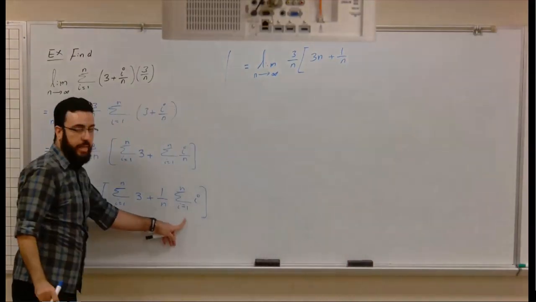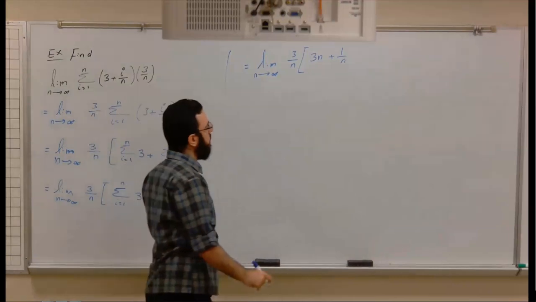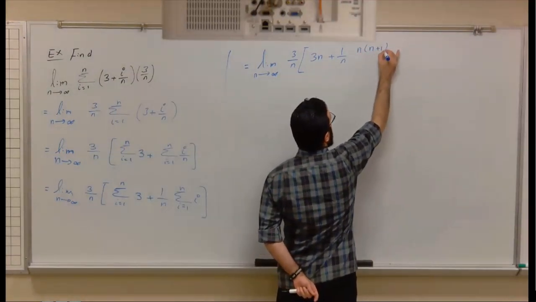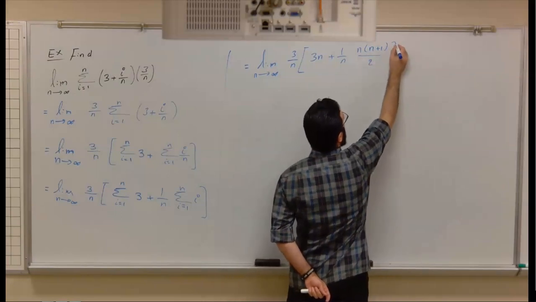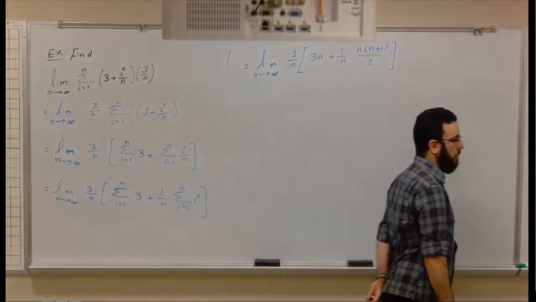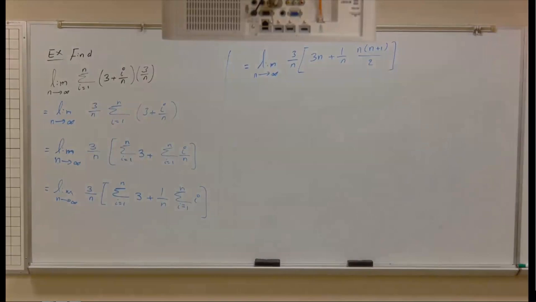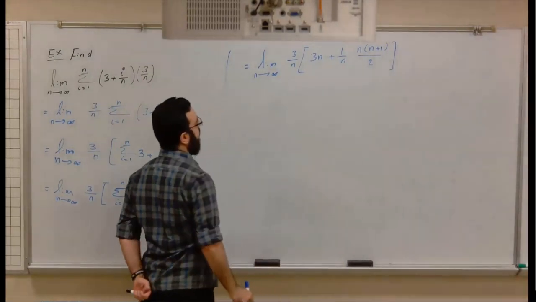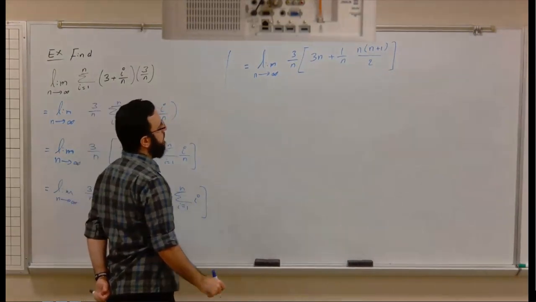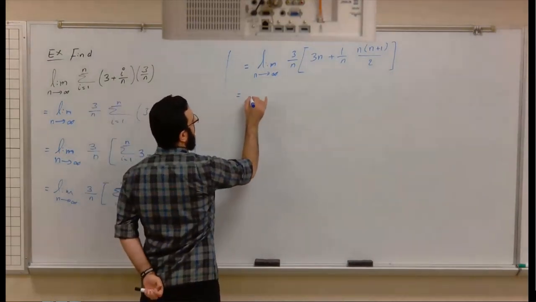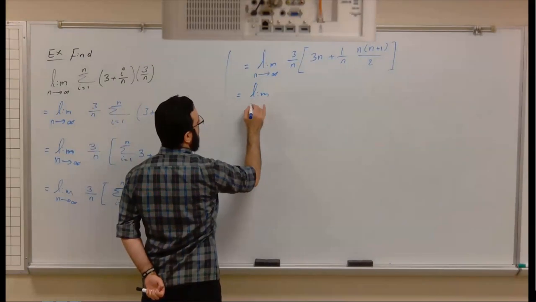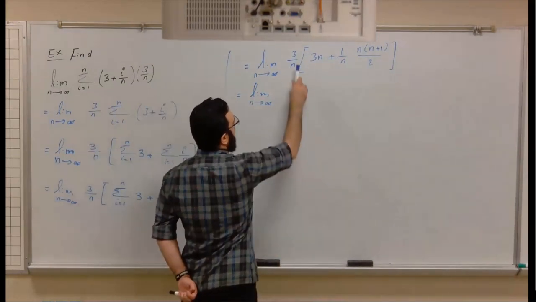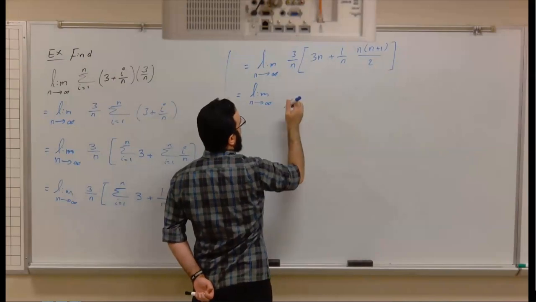The summation of i is going to be n times n plus 1, divided by 2. Now, can I simplify it? The limit as n approaches infinity. I'm going to distribute right away.